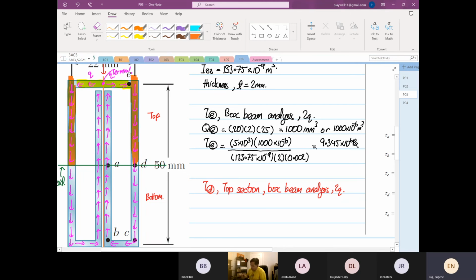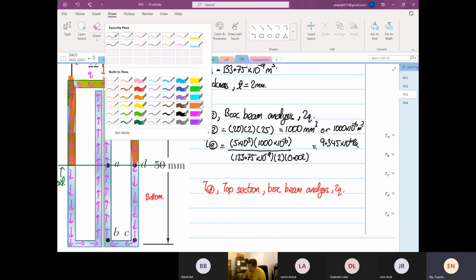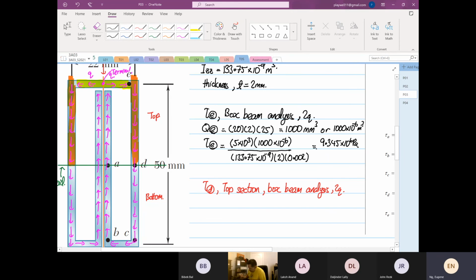So we are going to look at Q at point D, which is equal to Q at point E plus twice the width, which is 2 millimeters.